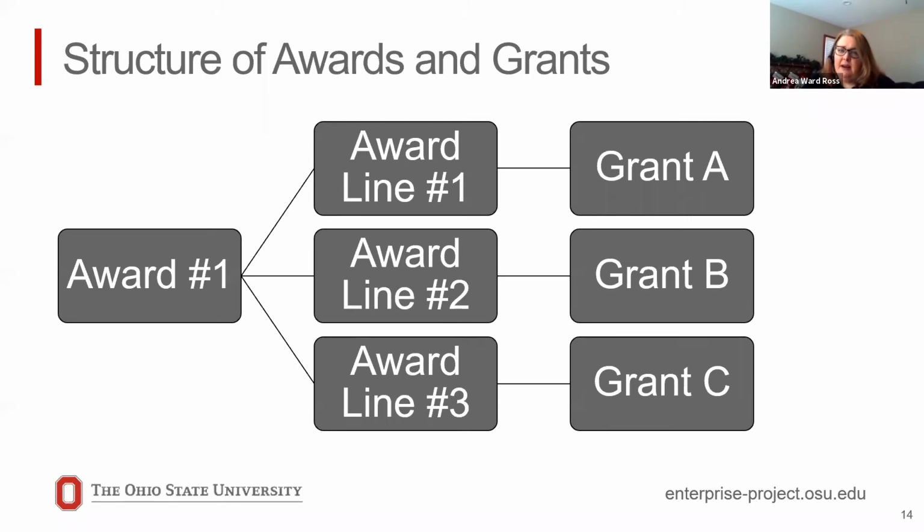You're going to do most of your spending here, most of your work. Grant B, maybe you have fabricated equipment, and we need to track that differently so that we can tag the equipment appropriately and we can give it the proper F&A treatment. And maybe Grant C is a restricted supplement, maybe an REU, research expenditures for undergraduates. So that's why we would have multiple grants under an award, just one example.